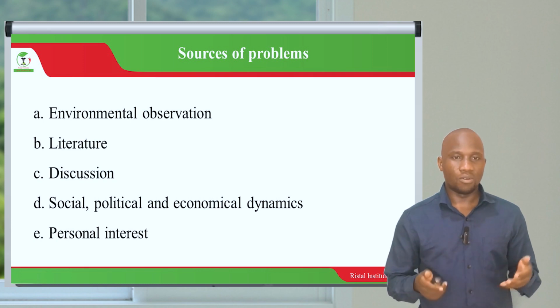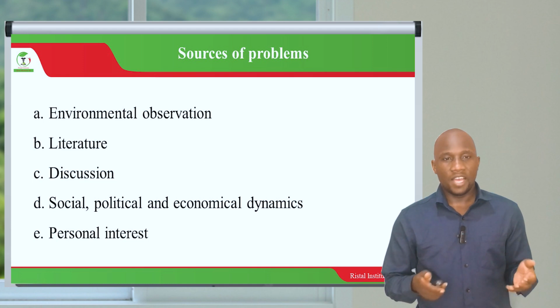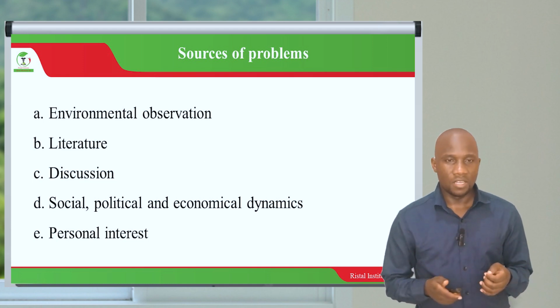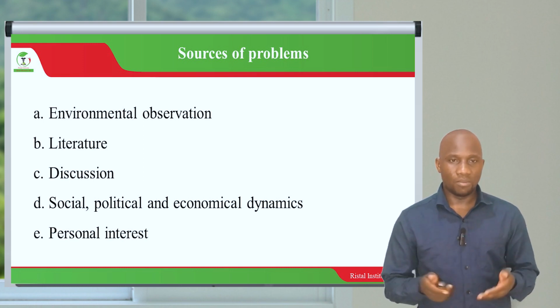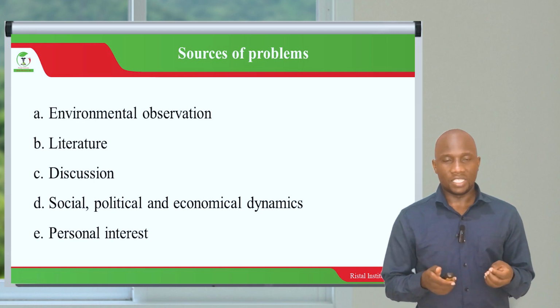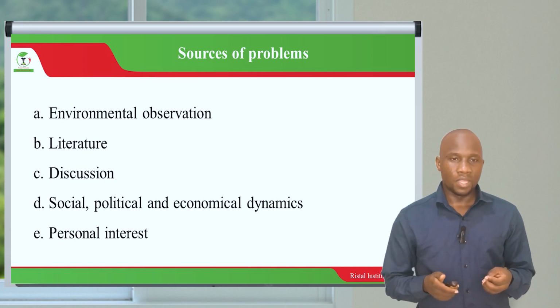It can come from all these sources. Perhaps you could be having a professional discussion with a colleague, and in your discussion you realize that there is a researchable problem that you might have to undertake in terms of conducting research.